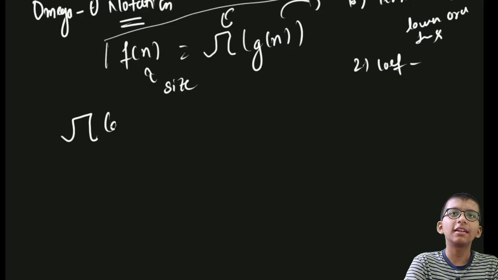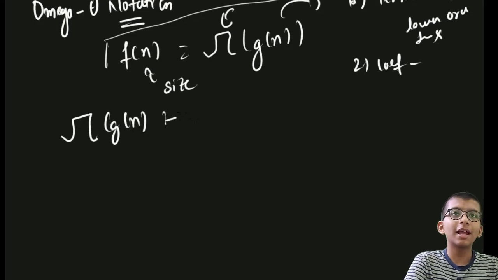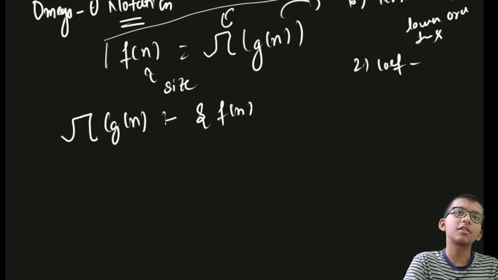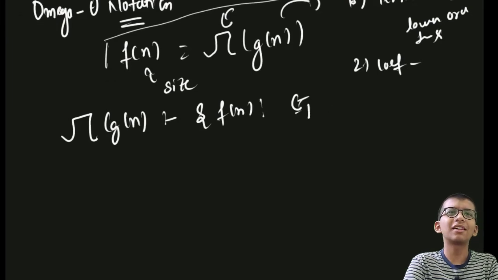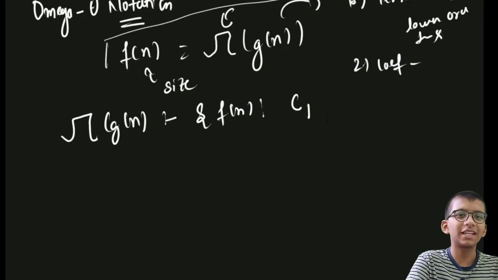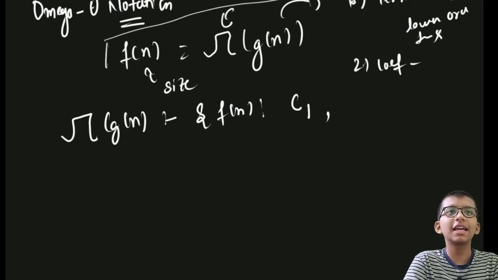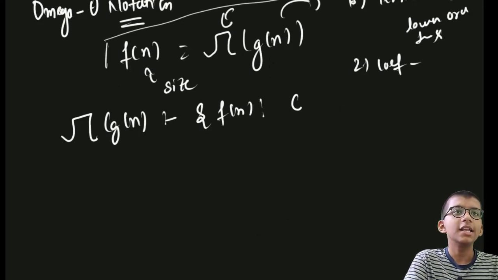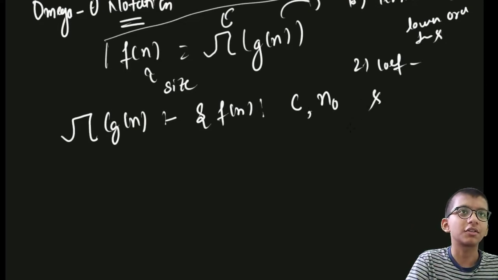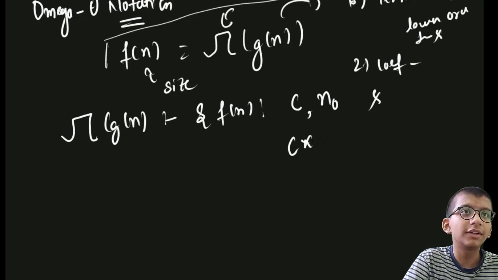Okay, so for satisfying this condition, for omega of g of n, for f of n, there exist constants c and n naught. You will be getting this in the notes, so I do not have to write in more detail. So there is a constant c and n naught, and here this is a little bit opposite of big O notation. Here c times g of n is smaller than f of n.